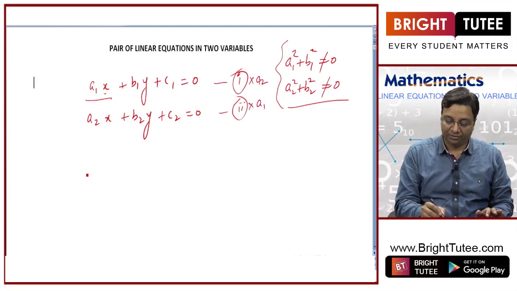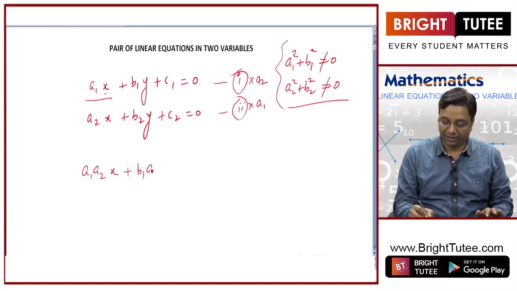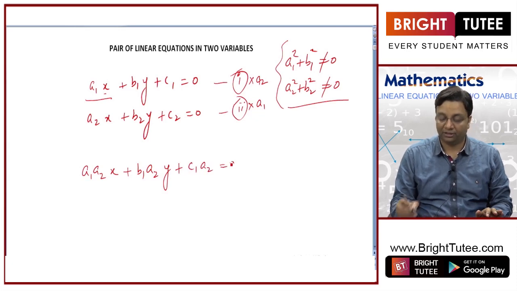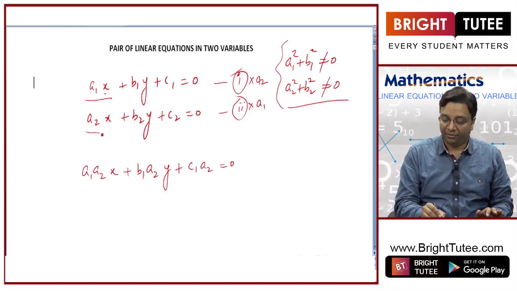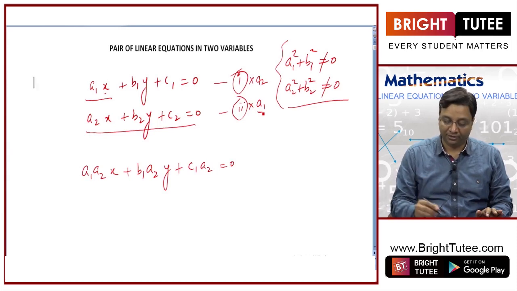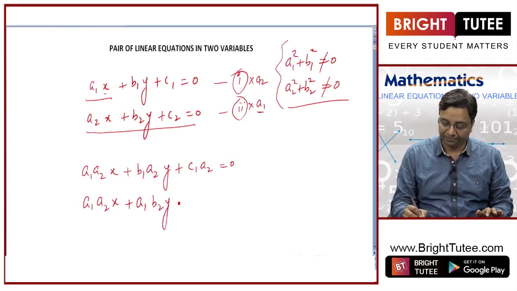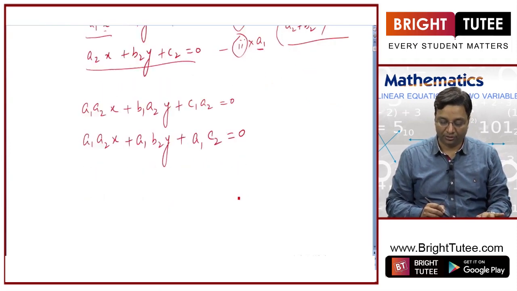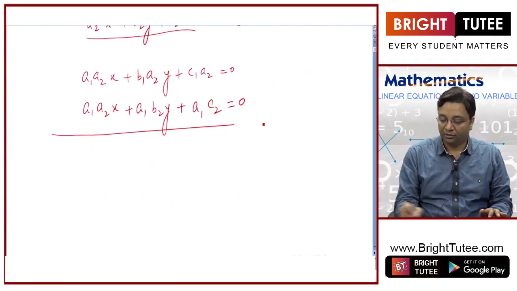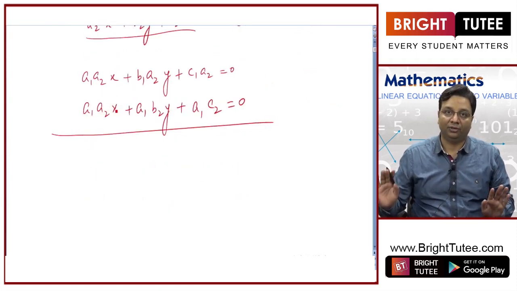Now, this will become a1 a2x plus b1 a2y plus c1 a2 equals 0. And if I multiply this equation by a1, this will become a1 a2x plus a1 b2y plus a1 c2 equals 0. Now you notice that the coefficient of x has been equated.